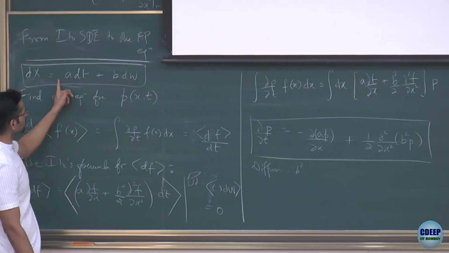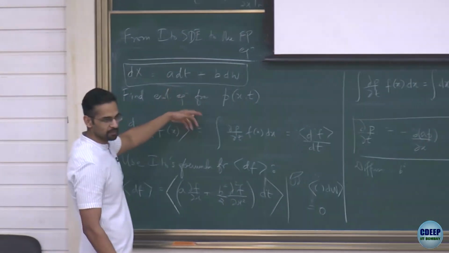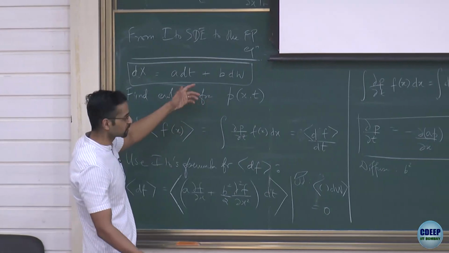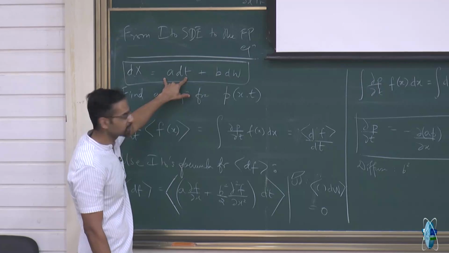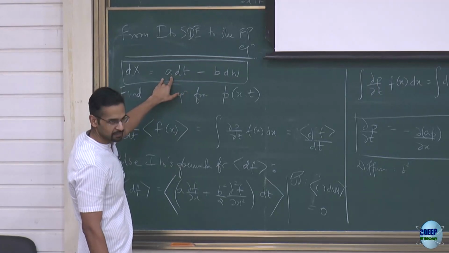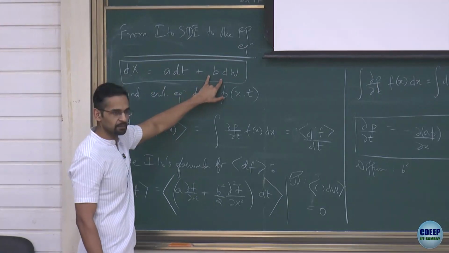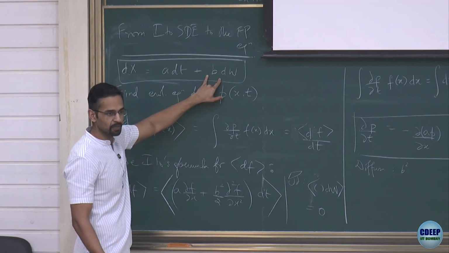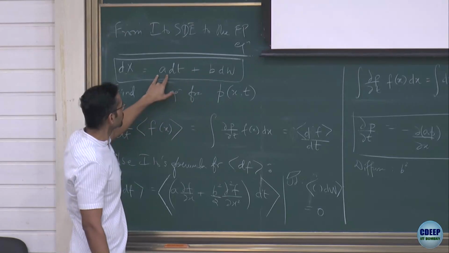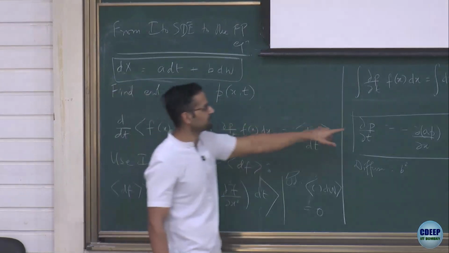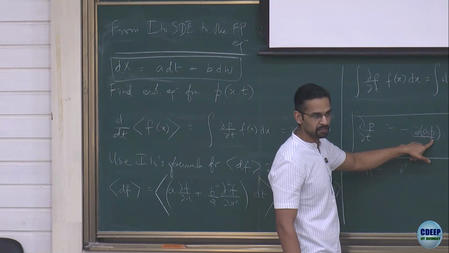Now we can look back at this connection, which was the second objective. I start with an SDE for some kind of Brownian walk, where the velocity, the deterministic part, and the Brownian amplitude can be functions of space and time. Now we see that the velocity part comes in directly in the advection term, not surprisingly.